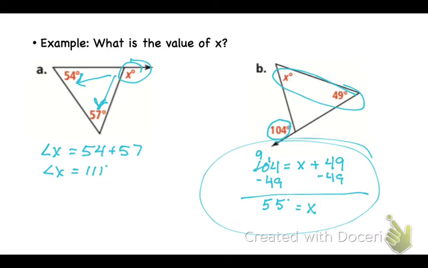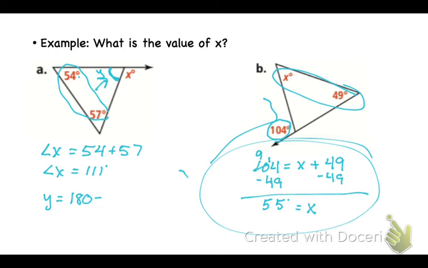Maybe this will help to prove. If I wanted the angle in here, wouldn't you add these two together and subtract from 180? We'll name this one y. So y is going to equal 180 minus 54 plus 57, which is 111. So 180 minus 111 is 69.